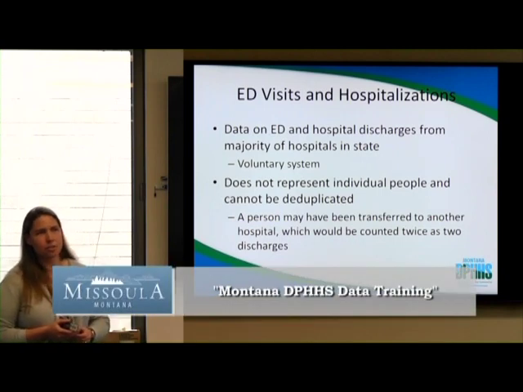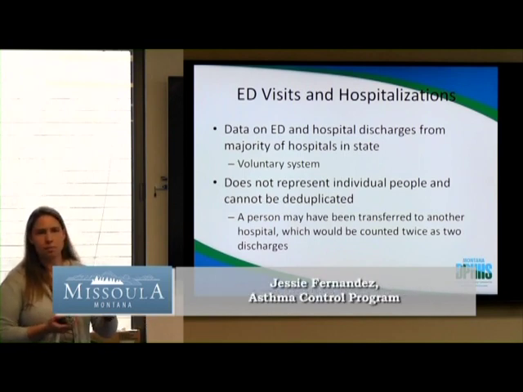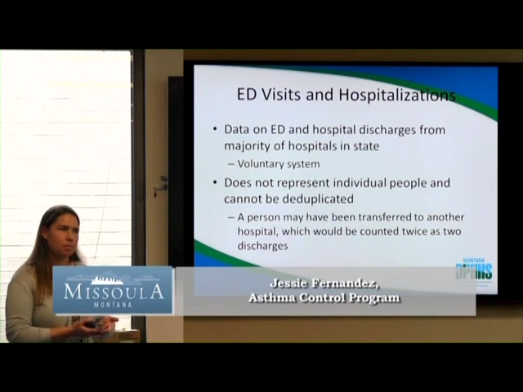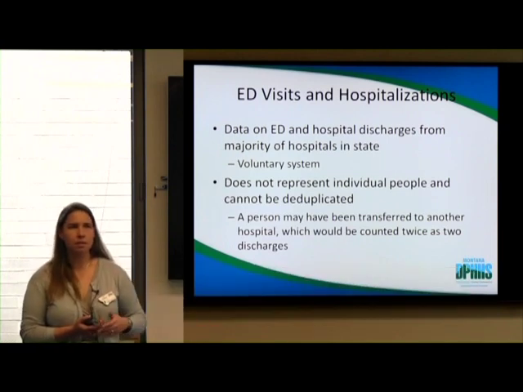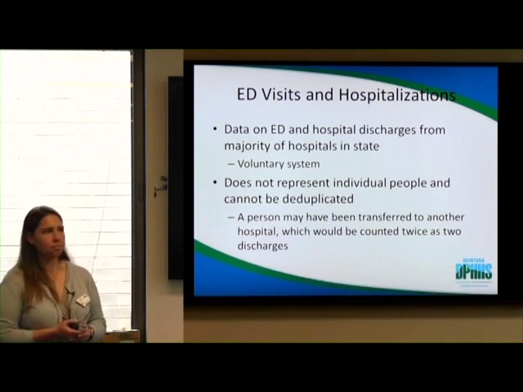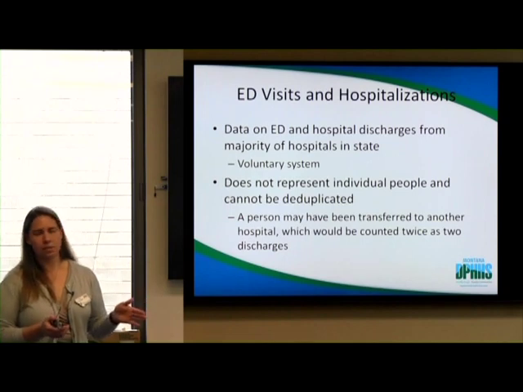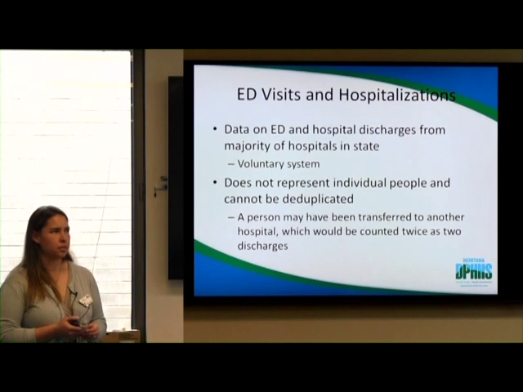Like the trauma registry, it can't be deduplicated. We don't have individual names or some way to identify cases so that we could say this person was seen at this hospital and then they were transferred to this hospital. So it's just down to being able to report number of encounters in a hospital or emergency department.